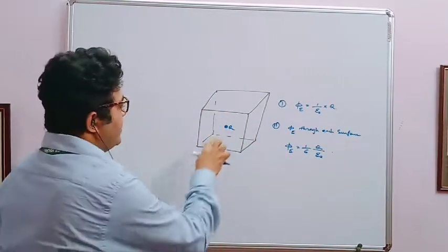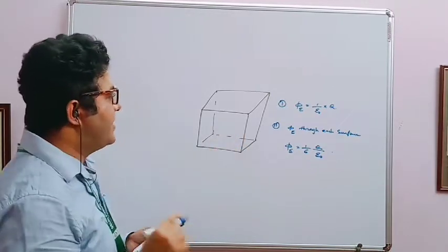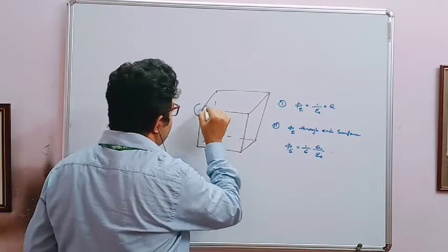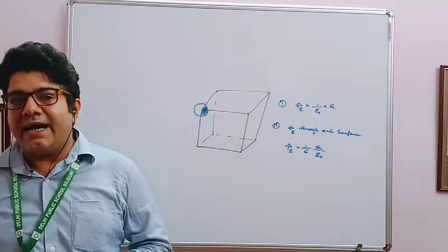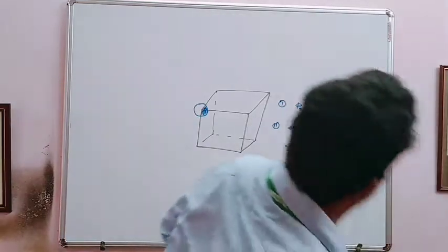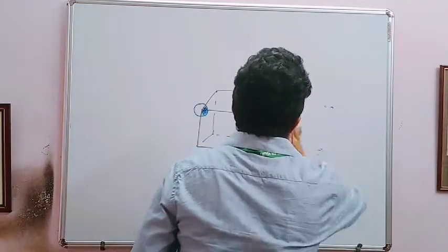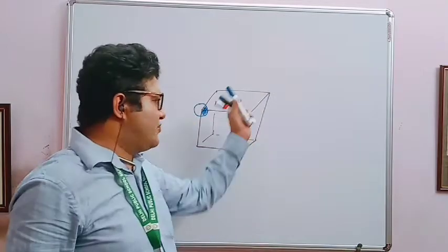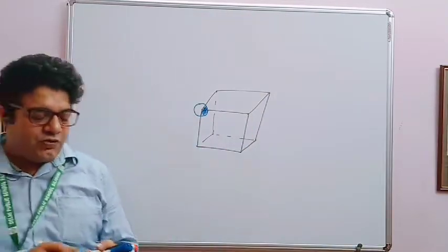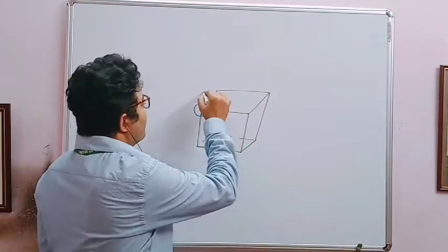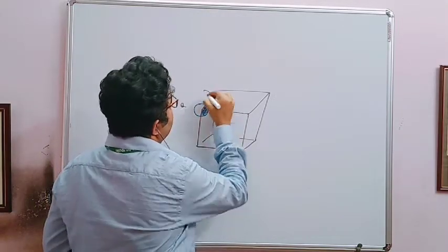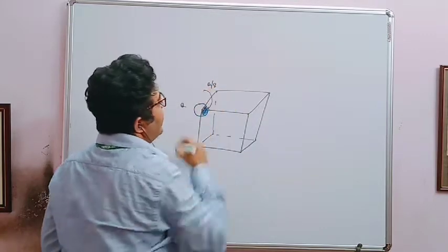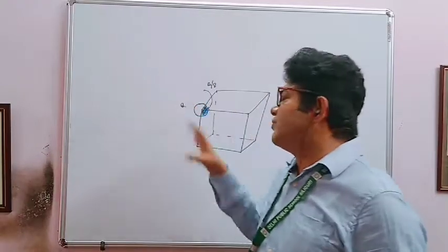Okay, now they change the type of question. Now they put the charge at the corner and ask you what is the flux through the Gaussian surface. So we know from solid chemistry as well as from this, this type of situation is the body centered cube, and if the total charge is Q, this portion's contribution is Q by 8, because 1/8 part is contributed here.